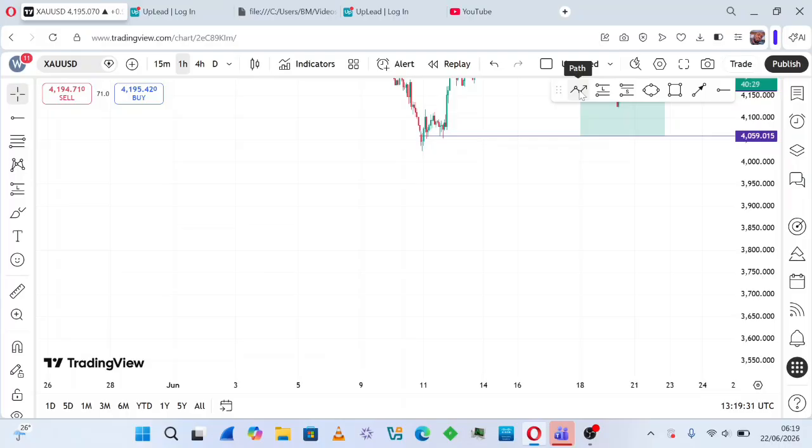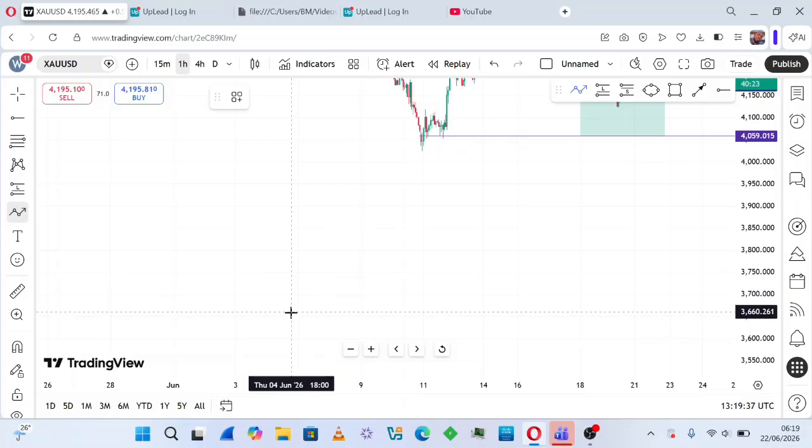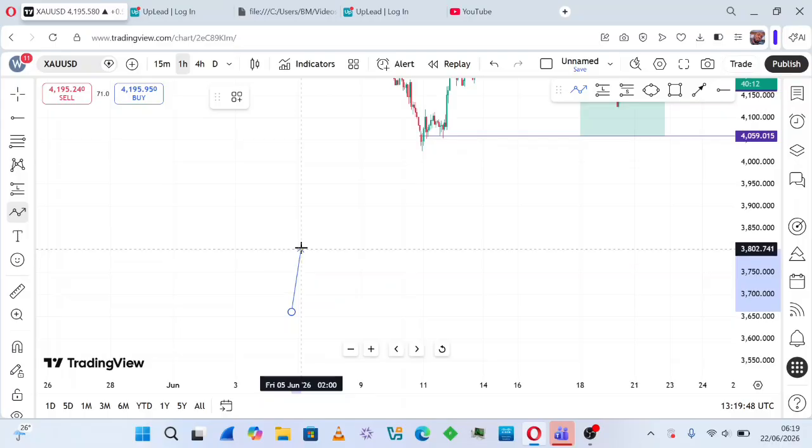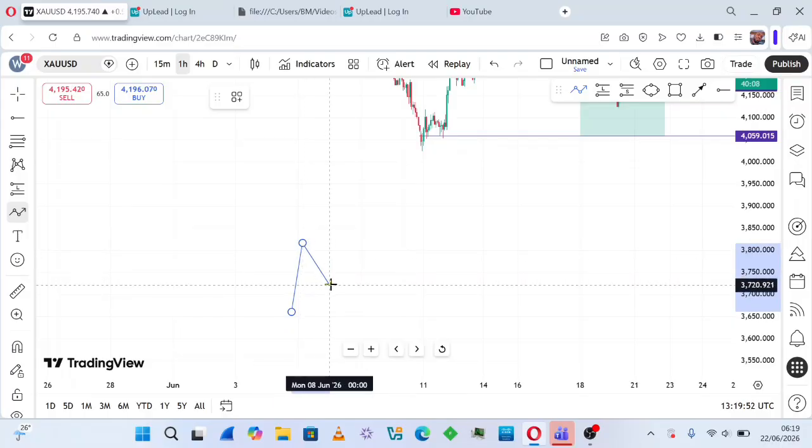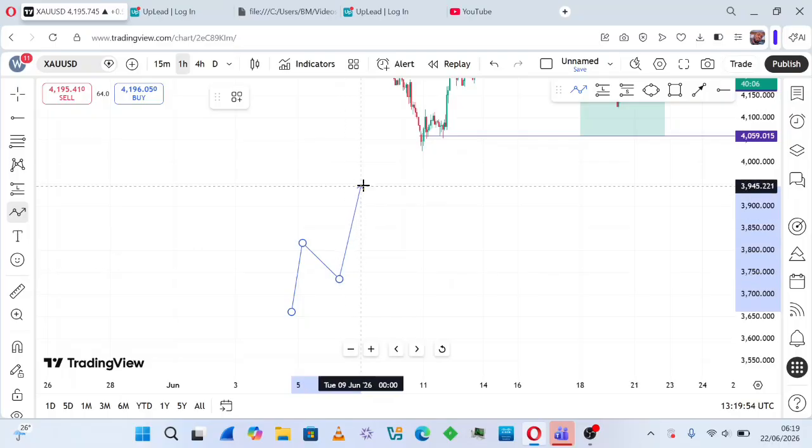Now, this is how I read my market structure, and it has been working for me for a very long time. The only two things you need to identify a structure are two lows and two highs, and this is how it is. This is a low, this is a high, this is a low, this is a high.